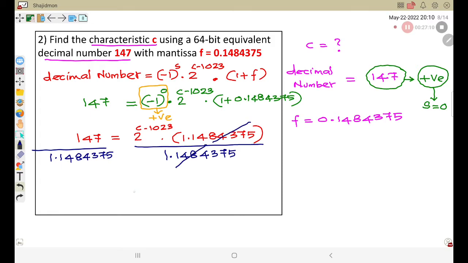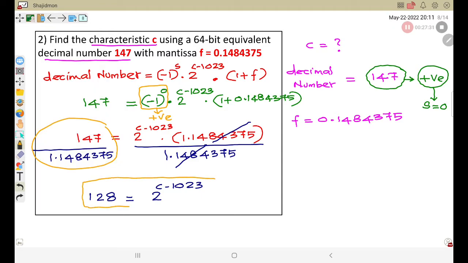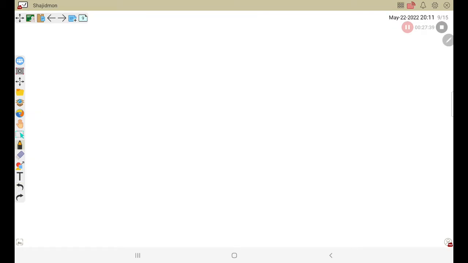So on the right-hand side, what is left is 2 power c minus 1023, equal to the left-hand side, which you can enter in your calculator. You will get the number 128. So what we got last: 128 equals 2 power c minus 1023. Okay. The remaining steps I will do on the next page.